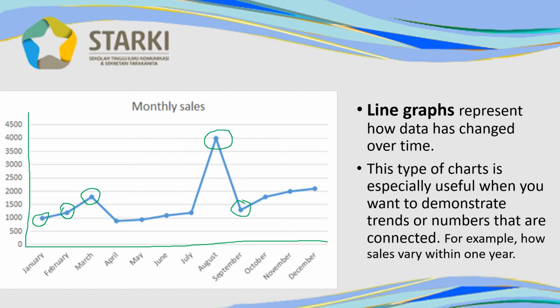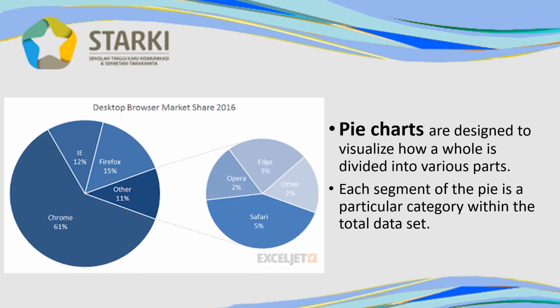The next one is the pie chart. Pie charts are designed to visualize how a whole is divided into various parts. For example, this is the whole, and it is divided into Chrome. This is about the desktop browser market share in 2016.